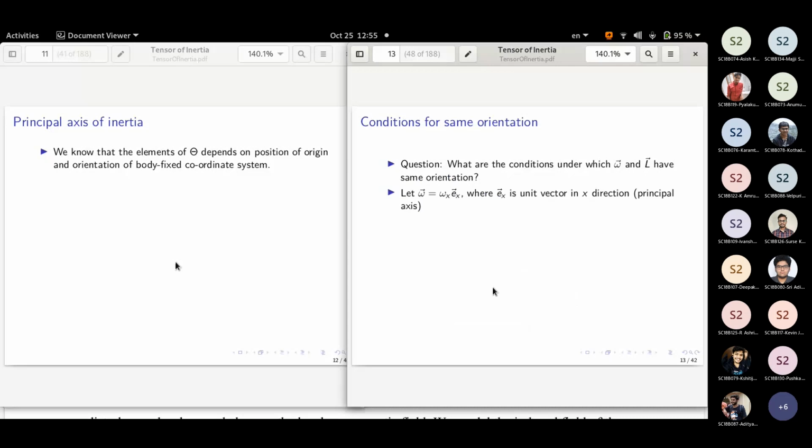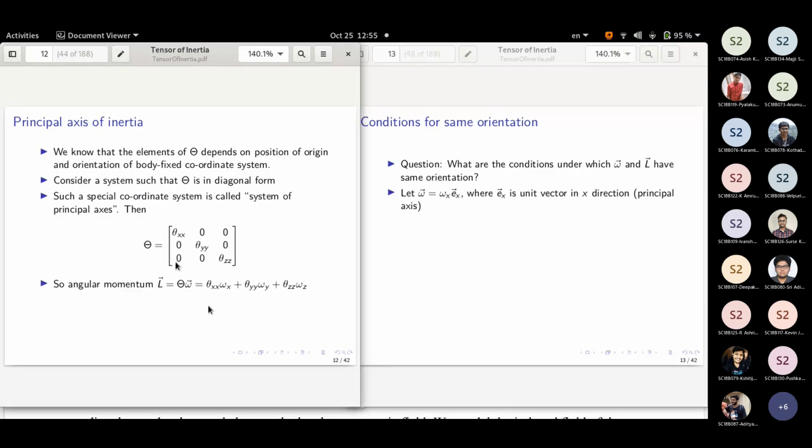In the diagonal case, suppose the angular velocity was simply a vector in the direction of the x-axis, that is 1 0 0, or alpha times 1 0 0.